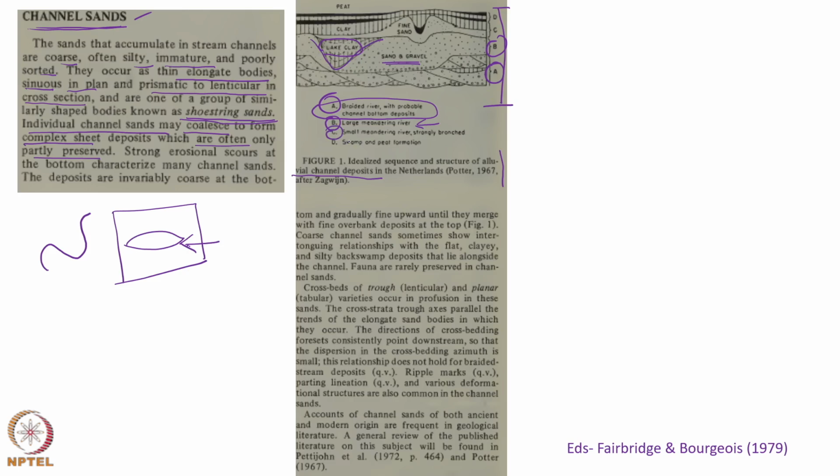Unit C consists of small meandering river and strongly branched river deposits shown over here. The contact need not be horizontal, but it can be wavy, and the swamp and the peat formation can happen at the topmost region shown by this black color.